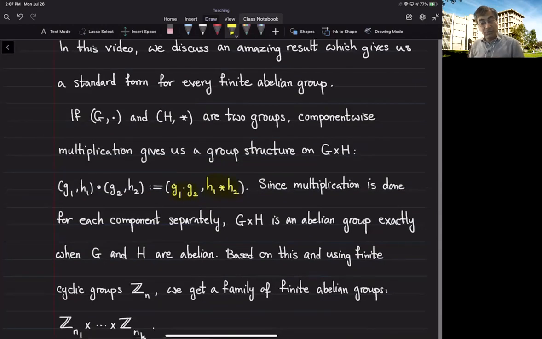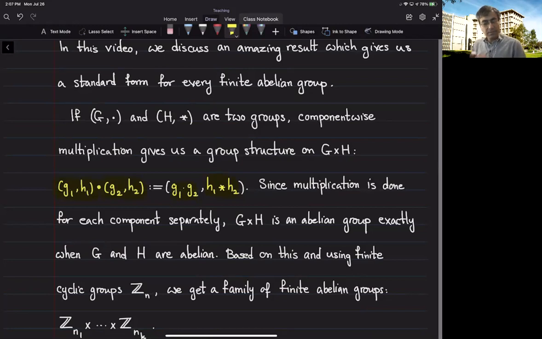Because multiplication is done for each component separately, the question of whether or not (g1, h1) commutes with (g2, h2) boils down to the question of whether or not g1 commutes with g2 and h1 commutes with h2.